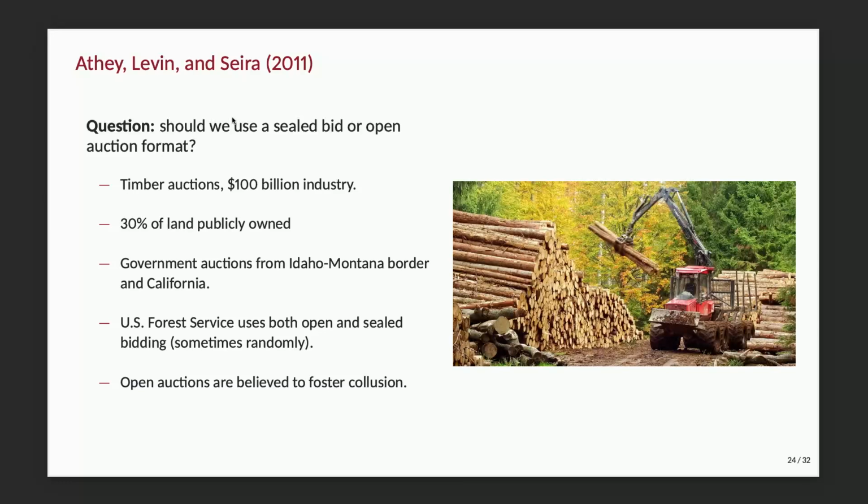Congress at some point passed a law that says that all these tracts should be auctioned off by sealed bidding, and then later on they started making exceptions. And it turns out that the large bidders in this industry really favor the open auction format, right? And you can guess why. Maybe it's easier to monitor who is doing what, and that makes it easier for bidders to collude. Okay, so collusion is something that has to be accounted for here.